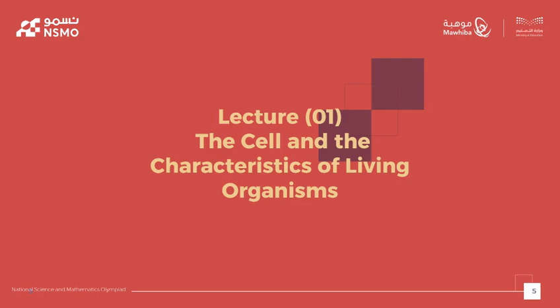Before diving into the details, think about this. All the complexity in your body, your brain, your muscles, your heart, your skin, starts from one small unit called the cell, and we will talk about it in detail.